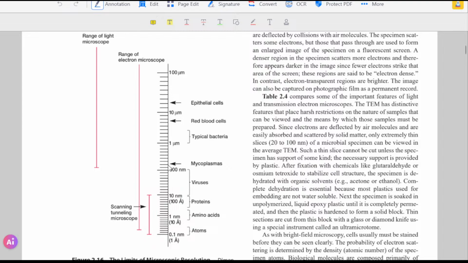Consider this 0 micrometer, or 100 nanometer equals 0 micrometer. If this is 0 micrometer and this is 1, so 0.1, 2, 3, 4, 5, 6 to 10 points right below between. So this is 0.2 micrometer, the light microscope.